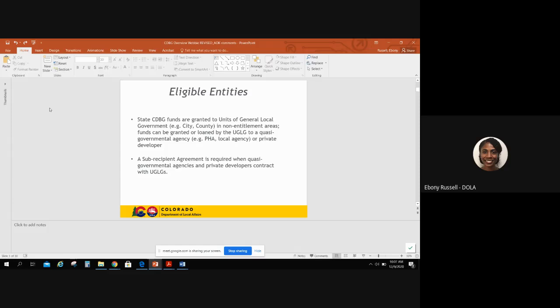And then that funding is granted or loaned, it's usually granted, to quasi-governmental agencies like housing authorities and other local agencies, also private developers. When cities or counties contract with PHAs and local agencies, a subrecipient agreement is required. And we'll go into more detail on what that is in a moment.